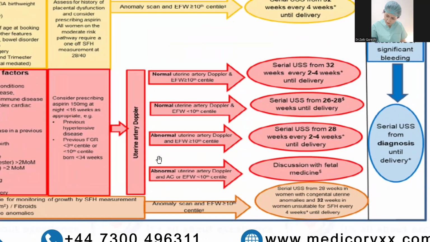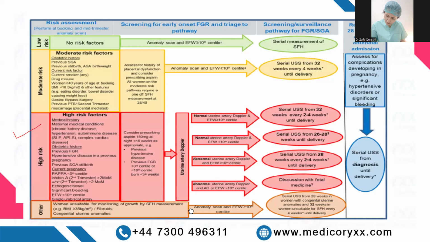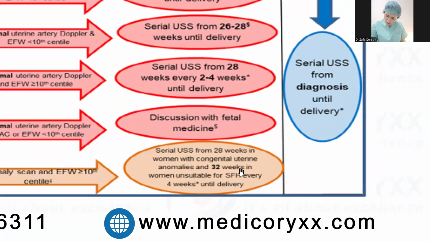All right. So in this set of women, you will have anomaly scan and you will look for estimated fetal weight. If it is more than 10th centile, good. So what you will do is serial scan from 28 weeks in the woman with congenital uterine anomalies, and 32 weeks in the woman who are unsuitable for symphysiofundal height, every 4 weeks until delivery.